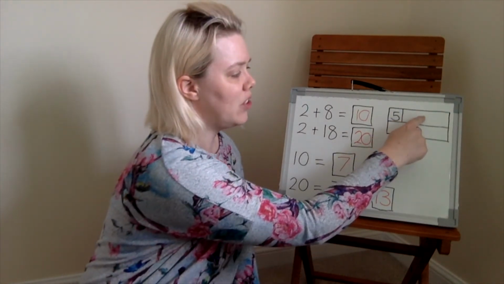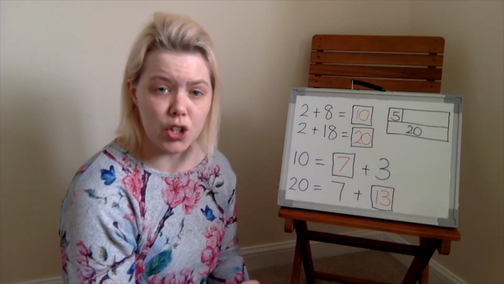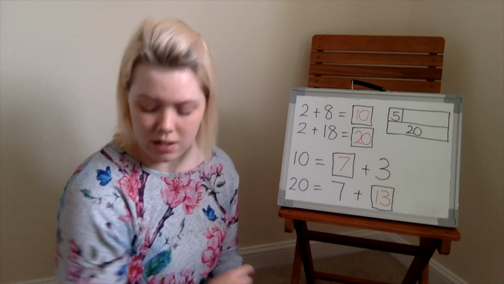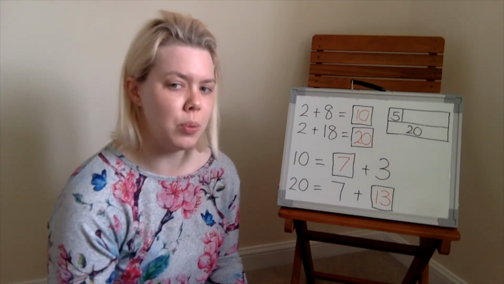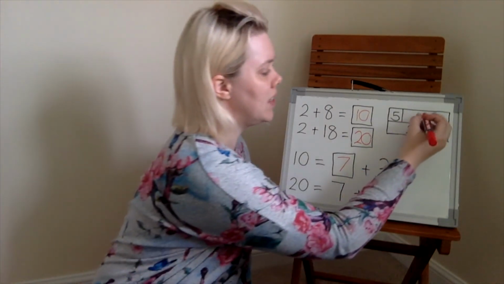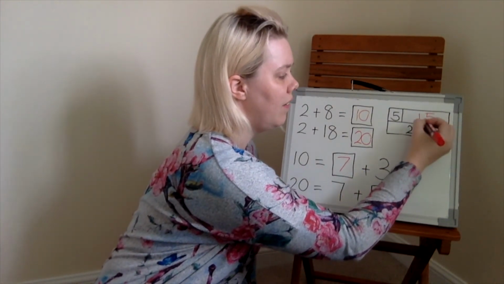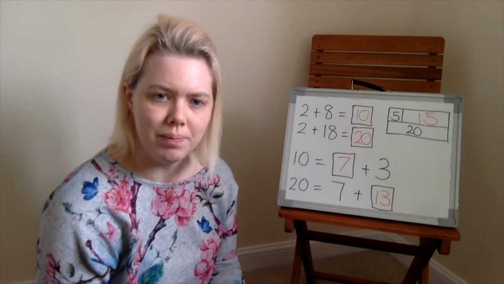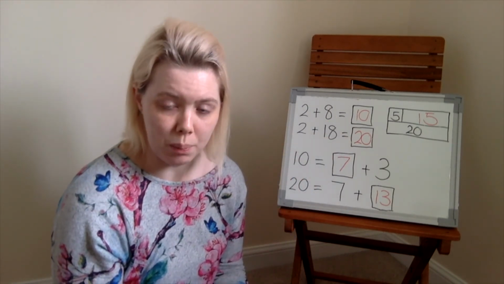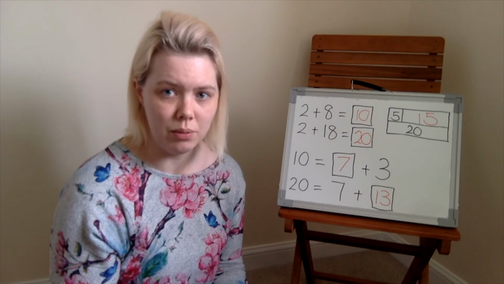But now I need to know what that number is to go with the number 5 to make 20. Now again, I'm quite good with my number bonds to 20 and I know that 5 and 15 go together to make 20. So I would write 15 in this side, okay? So this is your next set of problems, so have a go at these ones now.